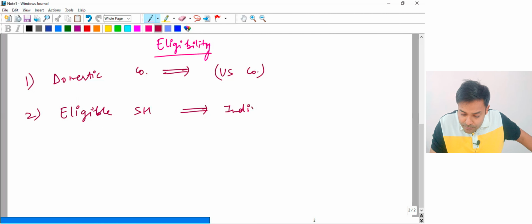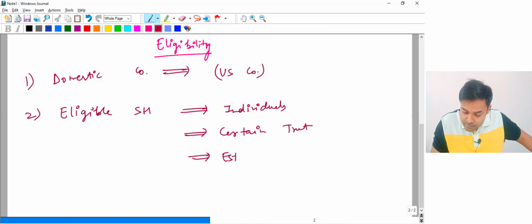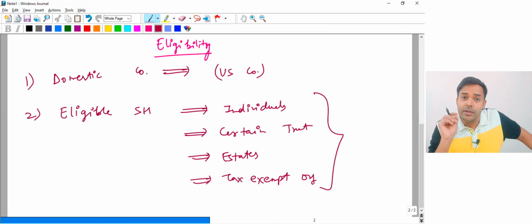Individuals, everyone. There are certain trusts, estates, tax exempt organizations. So these are eligible to be the shareholders of the S corporation.